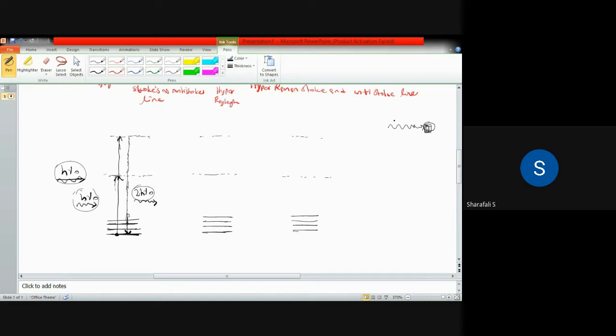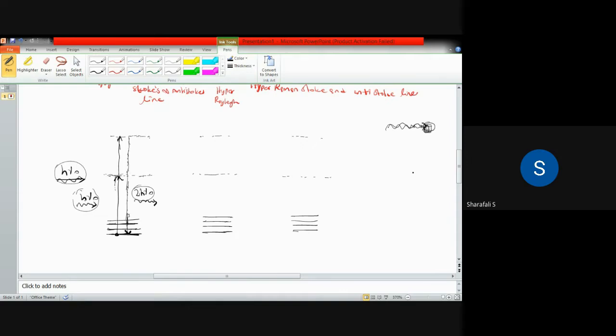If you have one photon coming in 1 second, for example, that is not that much possible. But anyway, let's just consider that only one photon is coming and interacting with the sample. Then it can be absorbed by the sample, and some vibrations may happen, and then it will go to this particular level.